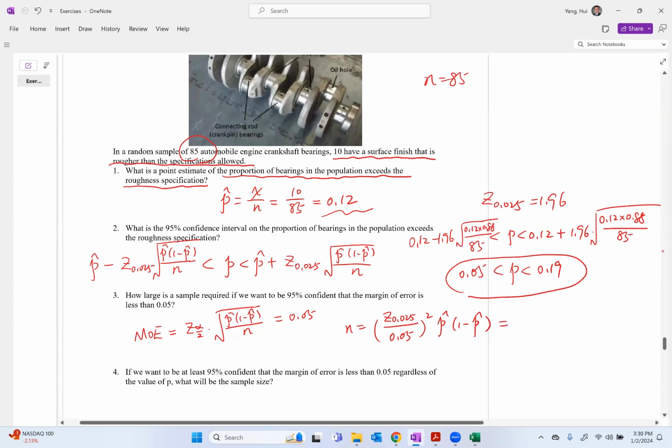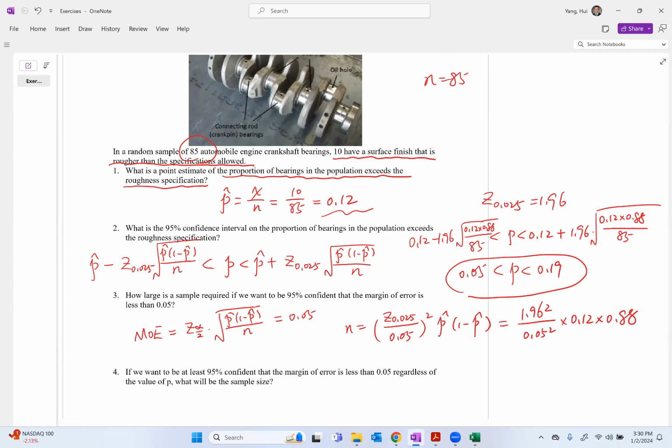So this will equal 1.96 squared over 0.05 squared, times 0.12 times 0.88. So this is approximately 163. If you want the margin of error to be smaller, you increase the sample size. So n should be greater than or equal to 163.